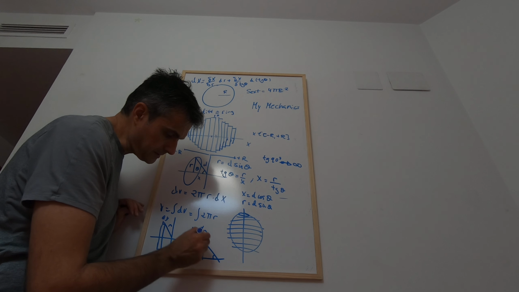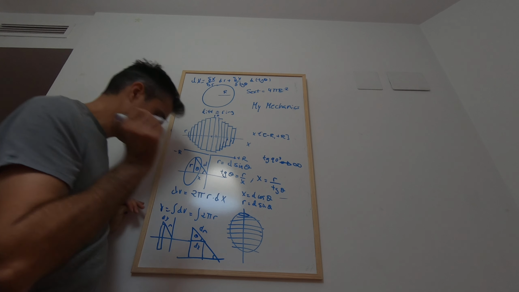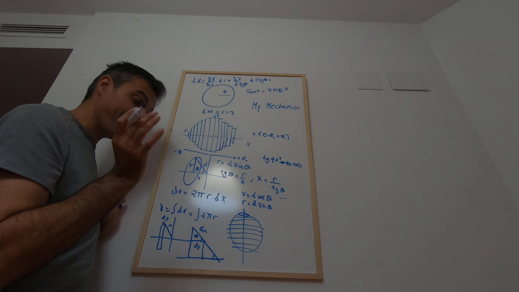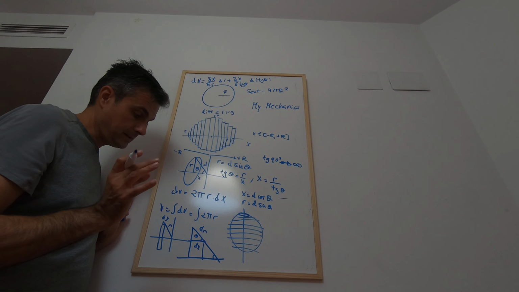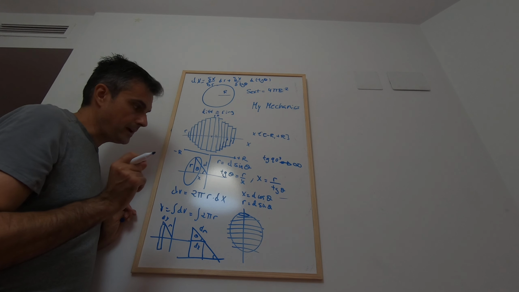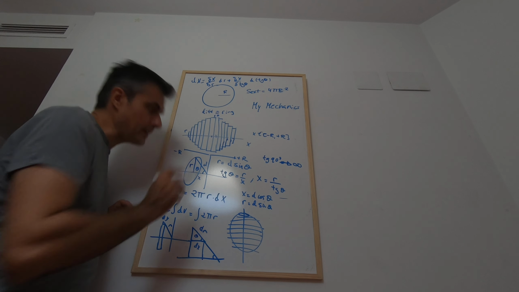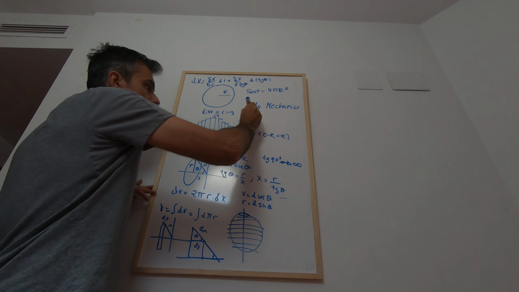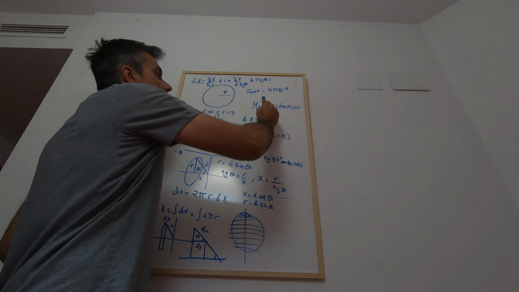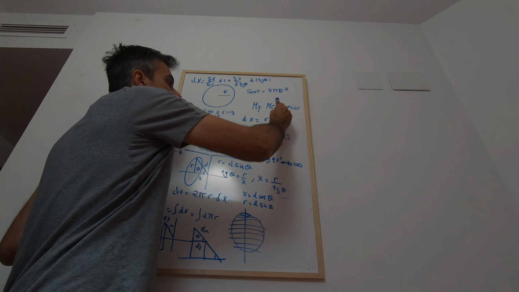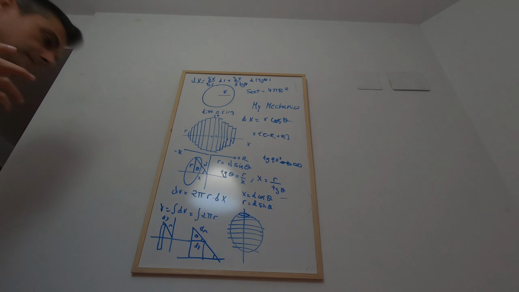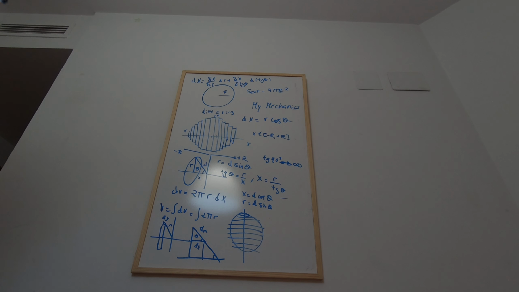Using Thales? This angle is the same. Yeah. That could mean that differential of x is r cosine of theta. That will solve all my problems.